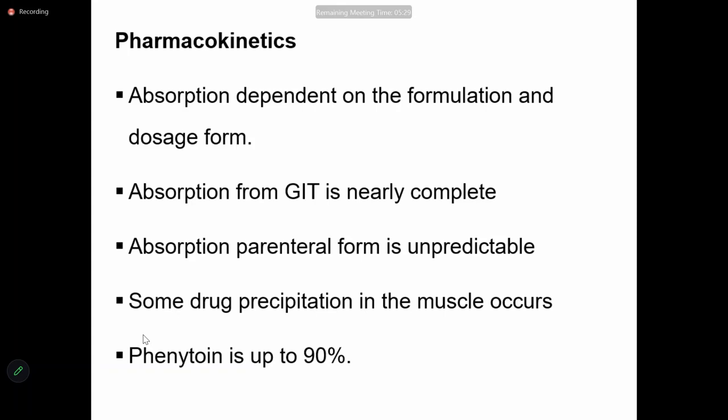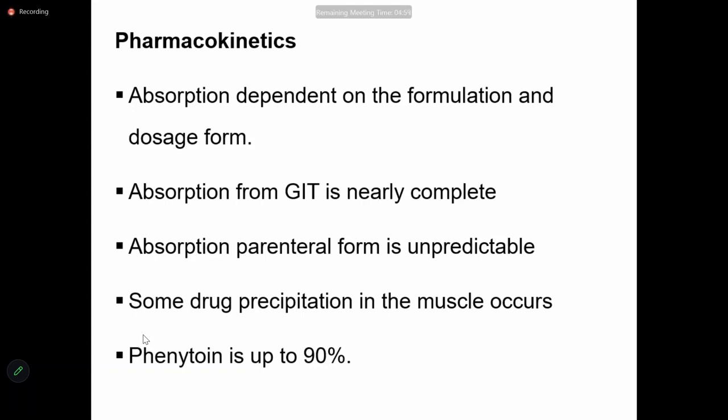That explains why very few patients get controlled on phenytoin, because clinicians may not determine what really happens; it's difficult to determine the serum levels. It is usually absorbed from the GIT completely, but when it is given as an injection, the absorption rate is not very predictable.